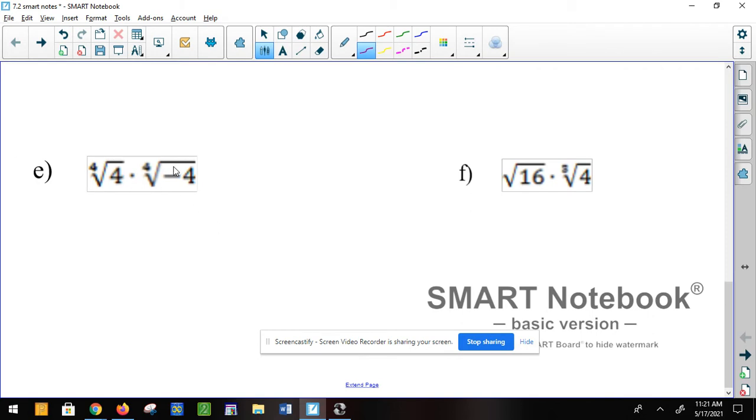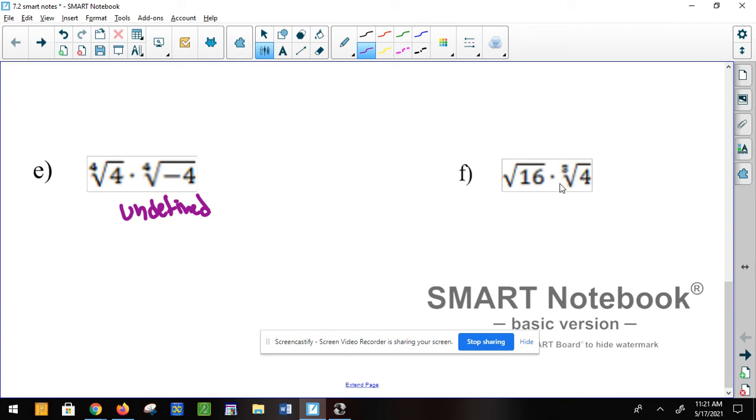Same thing that happened in C is going to happen in E. Cannot have a negative under an even root, so this is undefined. Doesn't matter that part of it's okay, since part of it is undefined, the whole thing's undefined.